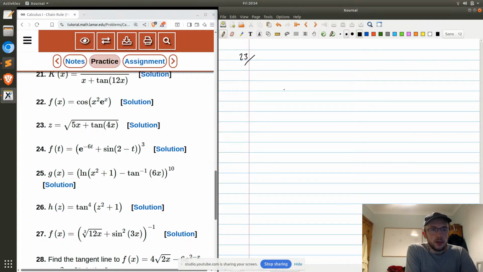z equals the square root of 5x at tan of 4x. So dz by dx. Differentiating the outside function, leaving the inside one alone.